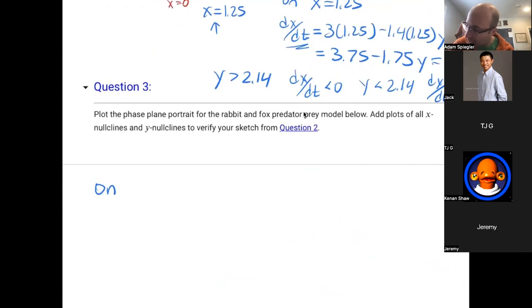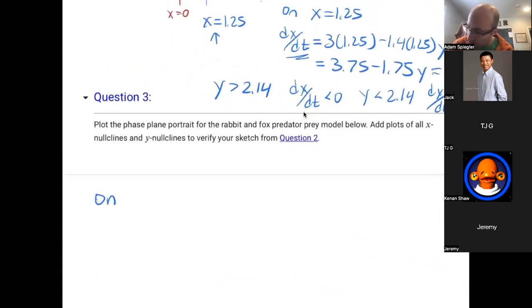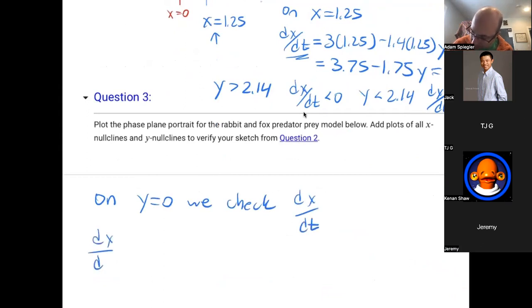Okay, so then on the other y-nullcline, which was y equals 0, we check the signs of dx/dt. Here dx/dt is going to be 3 times x minus 1.4x times 0.